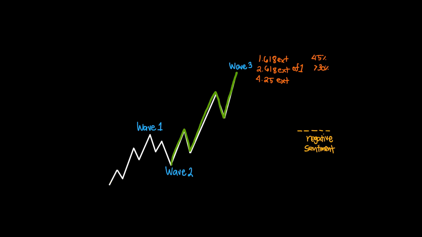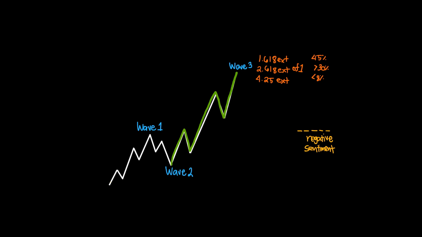30% of the time, wave 3 will exceed and even reach the 1.618 to the 2.618 fib extension in relation to wave 1. Now, less than 8% of all wave 3s will exceed the 2.618 fib extension and even hit the 4.25 Fibonacci extension in relation to wave 1.